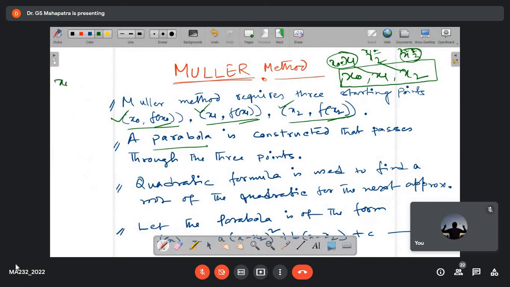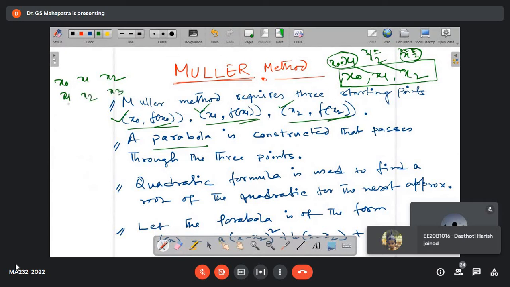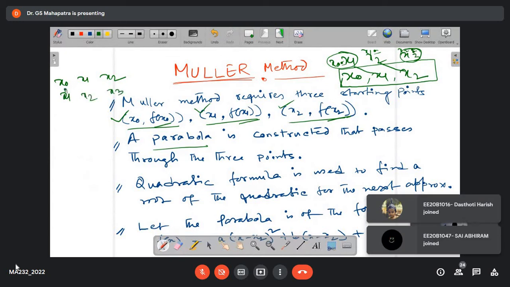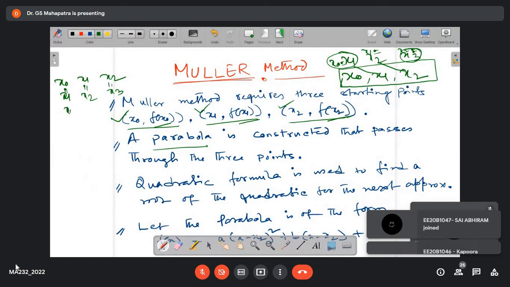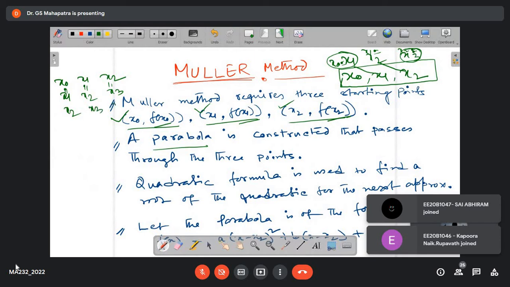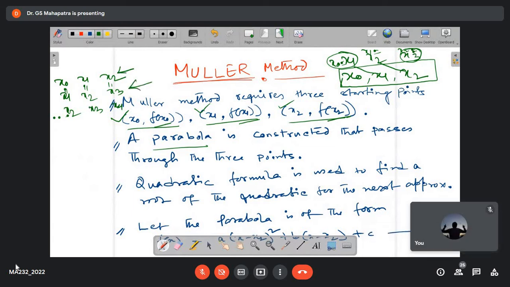So I will write here x0, x1, x2. This is the initial approximation. Next approximation x1, x2, x3. However, the notation of this one is like x0, x1, x2. So next one is x2, x3, x4, and so on. So this is the first approximation solution, this is the second iteration.